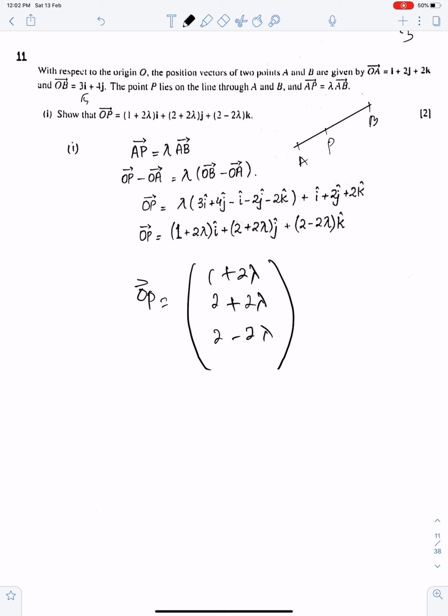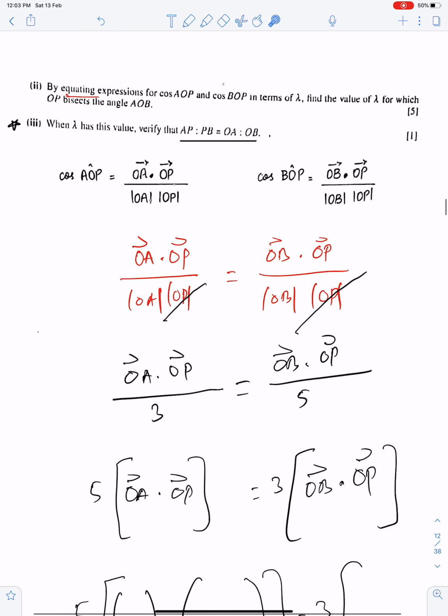We have both the options. We can either get the equation of AB first and then replace r by OP, or we can directly use this thing, collinear points. Vectors of collinear points are multiples, like AP is a multiple of AB. So this is the way to get OP. The second part.